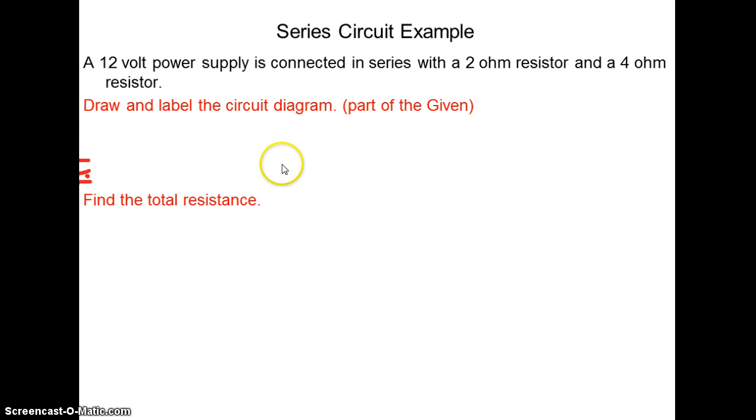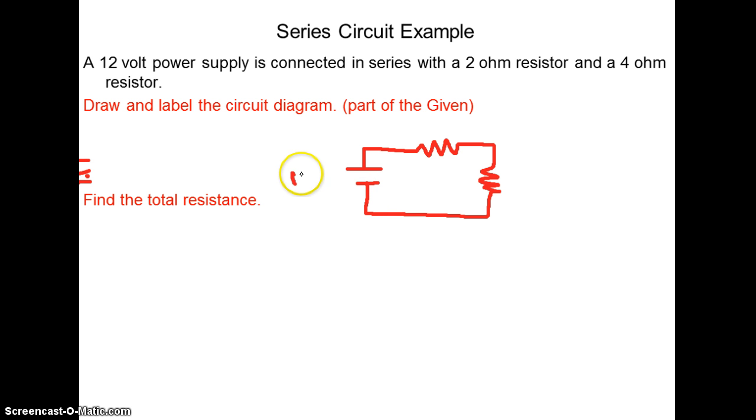So first you'll have to draw your schematic diagram. Make sure when you draw these you label them: 12 volt, 2 ohm, 4 ohm. And then find the total resistance.